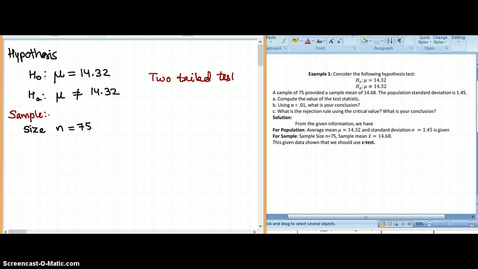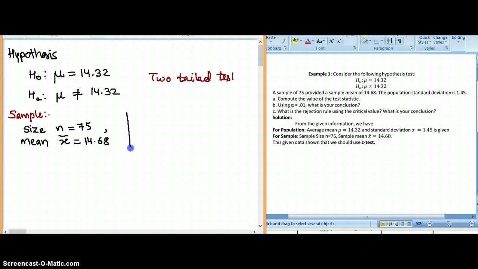A sample of 75 provided a sample mean of 14.68. So again they are talking about sample. This mean is for sample, which we denote by x bar. It is given to be 14.68. This information we have from sample.